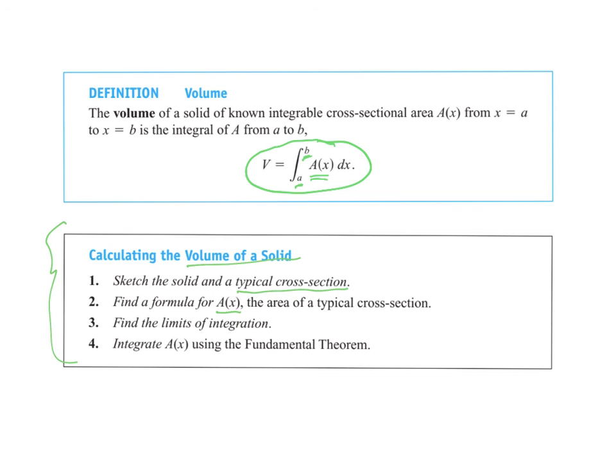We had to get that area formula in terms of x so that we can eventually do the last two steps, which we didn't do in this video, which are to make sure we know the limits of integration and then do that definite integral. Now, my notes here say use the fundamental theorem, but for our purposes as we start this, go ahead and just dump it into your graphing calculator and have the calculator compute the definite integral for you.